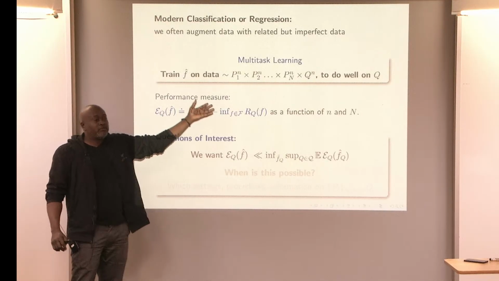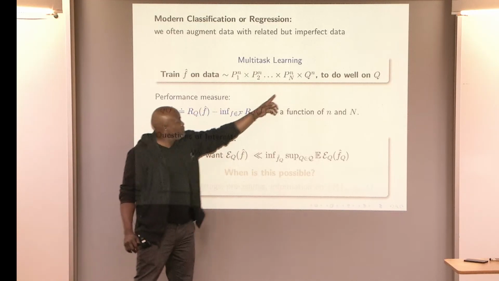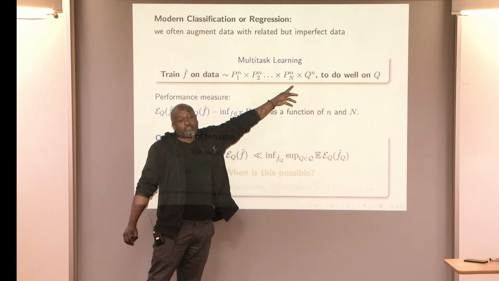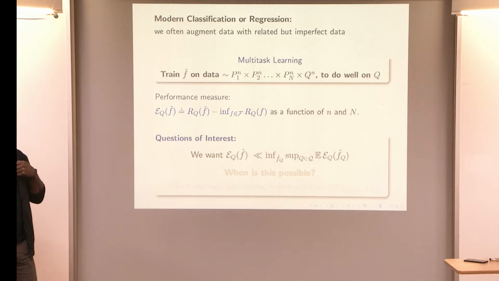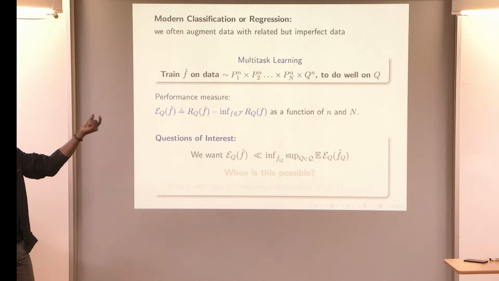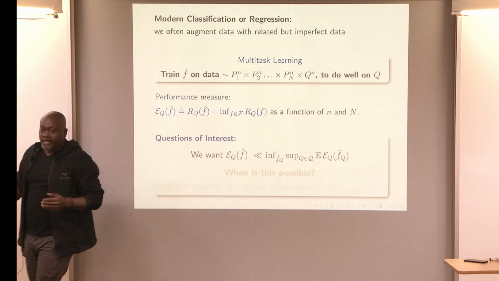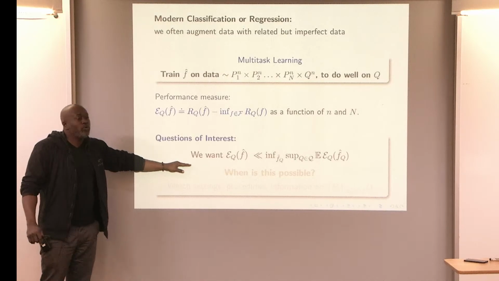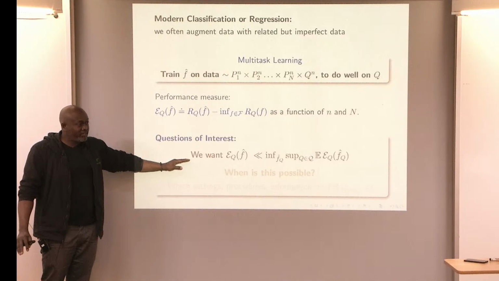What is the promise of multitask? Everybody understands that the promise of multitask is that, assuming here also that I have n data points from Q, my rate of convergence is going to be faster than a rate of convergence just in terms of little n. Fine? And that's the question being asked. When is that promise fulfilled? Clear to everybody?